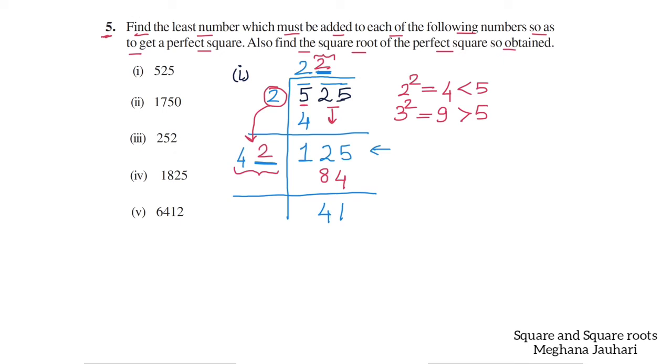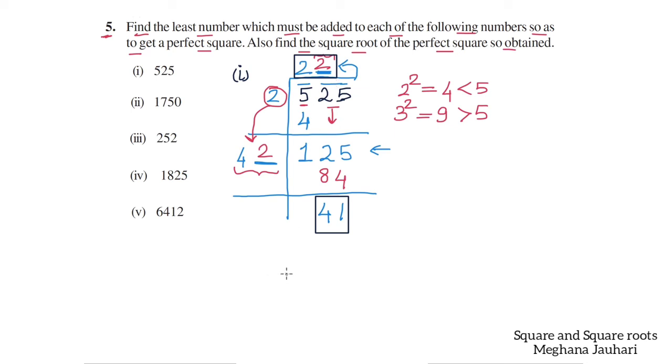As we have no more digits in our original number, the process stops here. We have obtained the quotient of 22 and the remainder of 41. What does it mean? It means that the largest number whose square is less than 525 is 22, that is our quotient.